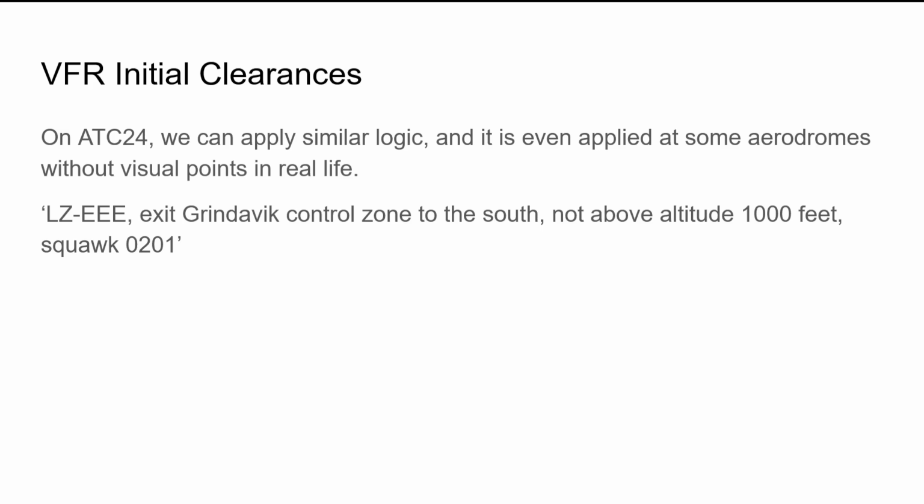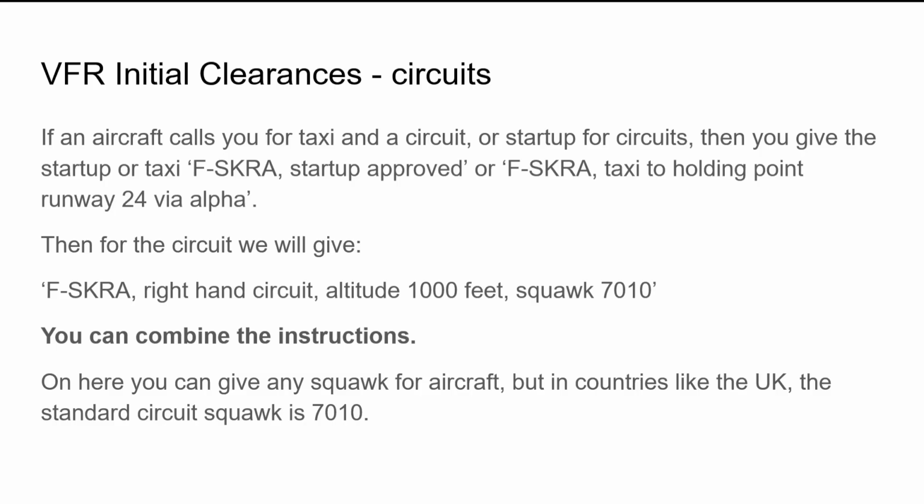For example, Lima Zulu Echo Echo Echo exit Grindavik control zone to the south, not above altitude 1,000 feet, Squawk 0201. That could be a nice ATC-24 VFR initial clearance to exit the control zone. Simple, you take off, you turn left from runway 26, or just turn south, and you stay not above 1,000 feet, or at 1,000 feet essentially, and squawk the code.